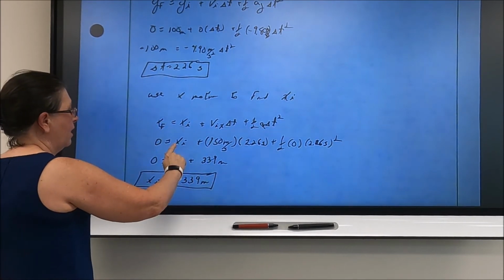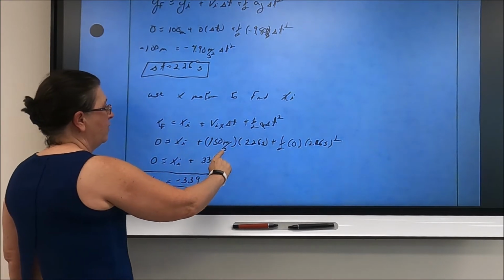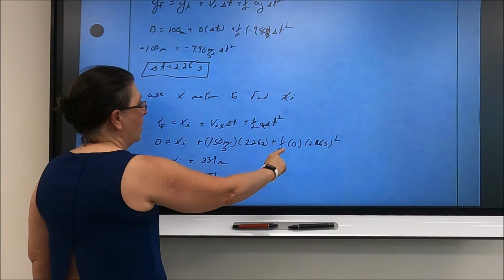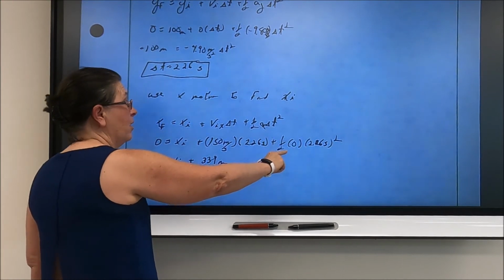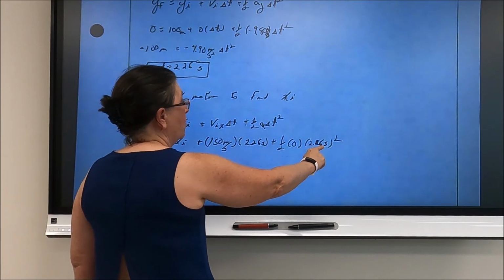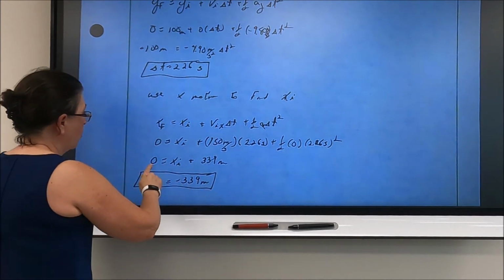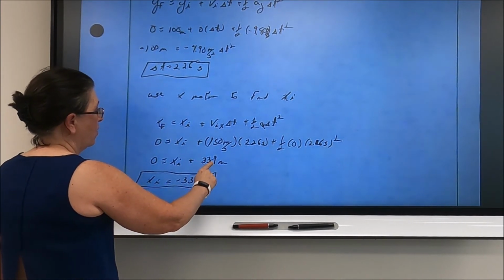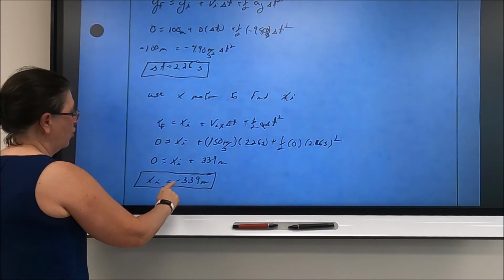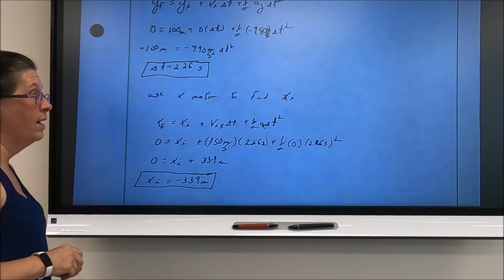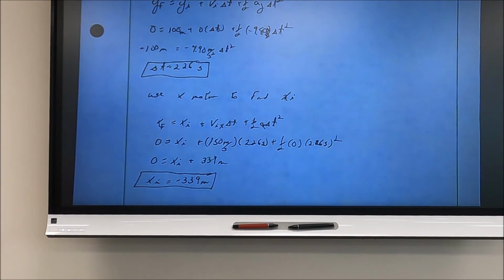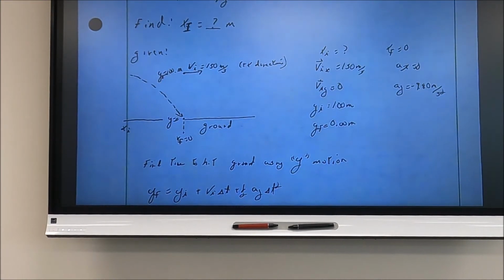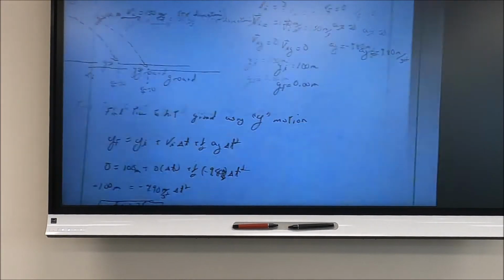So I have 0 equals x initial plus 150 meters per second times 2.26 seconds plus 1/2 times 0, ax is 0, times 2.26 seconds squared. So I get 0 equals x initial plus 339 meters, so x initial equals minus 339 meters. Now, remember, the way we solve a problem is critical.